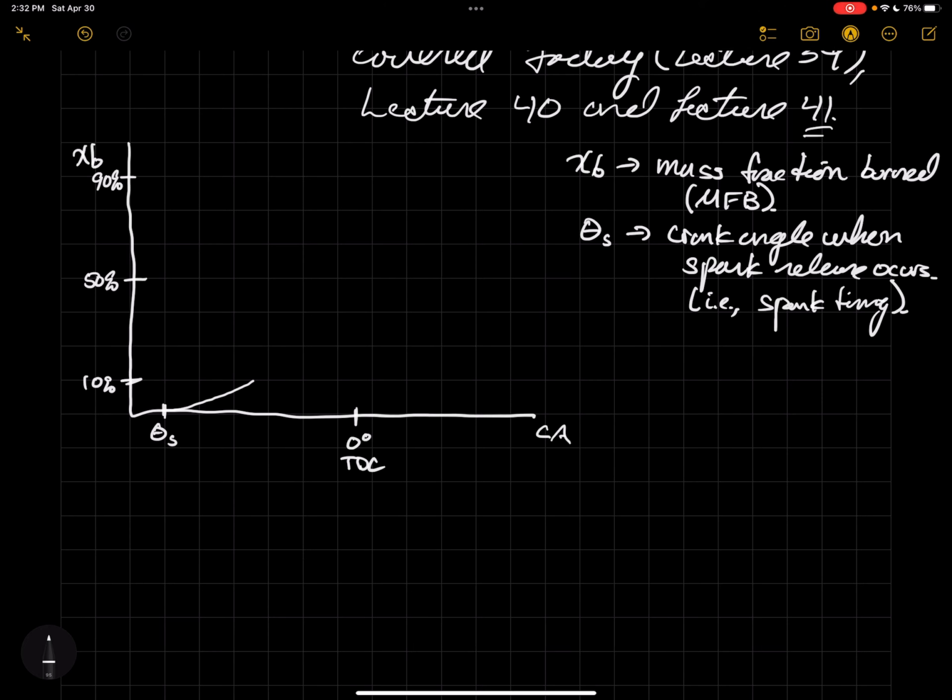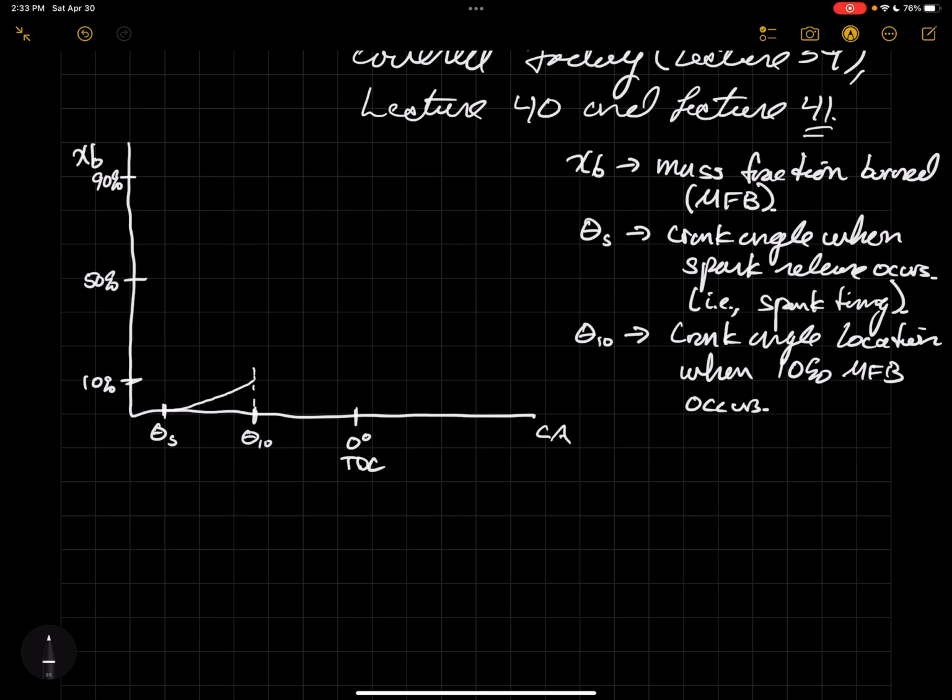So once the mass fraction burned hits 10%, we then can define what we call theta 10, and theta 10 is that crank angle location where 10% mass fraction burned occurs. So this is the crank angle location when 10% mass fraction burned occurs.